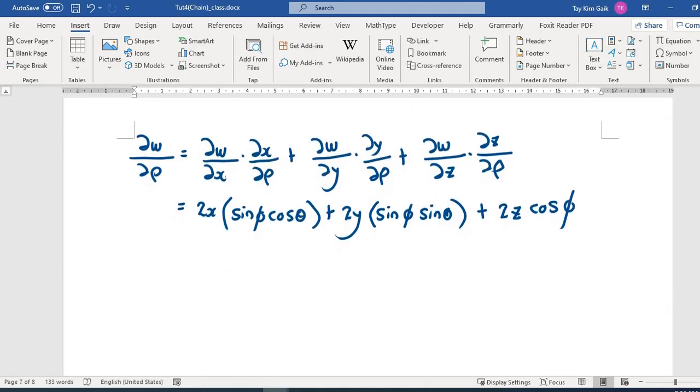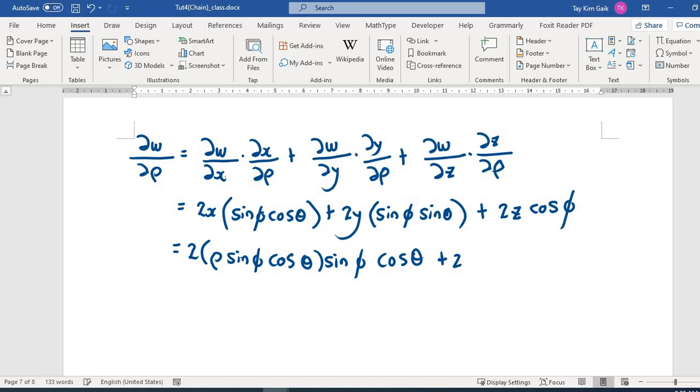So if the question wants the answer in terms of rho, phi, theta, hence x, y, z have to be plugged in back here. In terms of parameters rho, phi, and theta, x is actually rho sin phi cos theta, multiply sin phi cos theta.